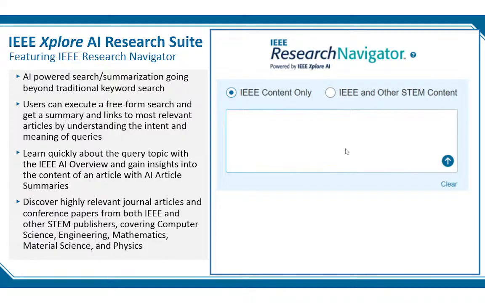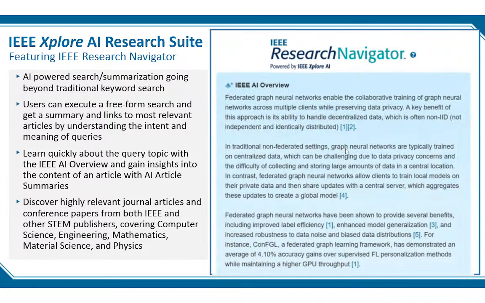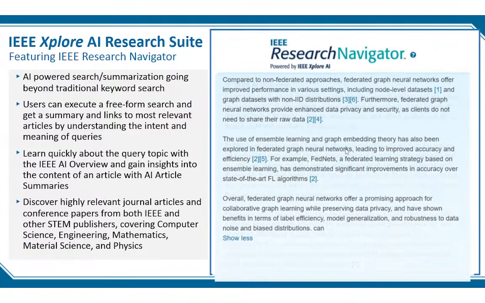So let's have a quick demo, and this is where you can key in the questions: benefit of federated graph neural networks versus non-federated. Once you key in the search, the first thing you'll get is an AI overview. What you may notice that is different from other AI search tools is that it looks like a mini research paper. Why? Because there are citations: citation number 1, 2, 3, 4. The citations themselves are provided.